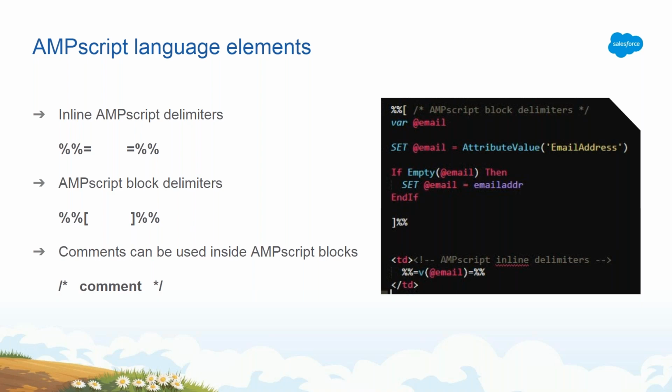And as you can see on the right-hand side there, we have AMPscript inline delimiters on the bottom there. I'm sorry, I've switched those. But yes, we have AMPscript delimiters on the bottom where you can see the %%= opens a variable, and that variable has been set above, being email. It's closed with the =%% on the opposite side.